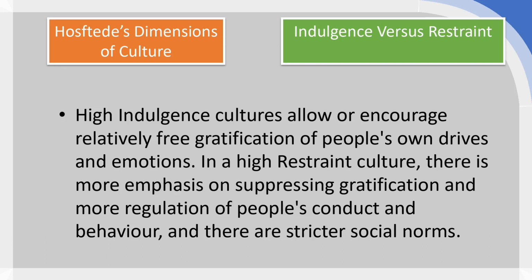So for high indulgence cultures, we have the social acceptance of relatively free gratification of people's drives and emotions. So we can see that in, for example, Western European countries, whereas in high restraint cultures, we have greater social restraint and social norms around suppressing gratification in order for other values or other benefits, and therefore greater regulation of conduct and behavior of individuals.